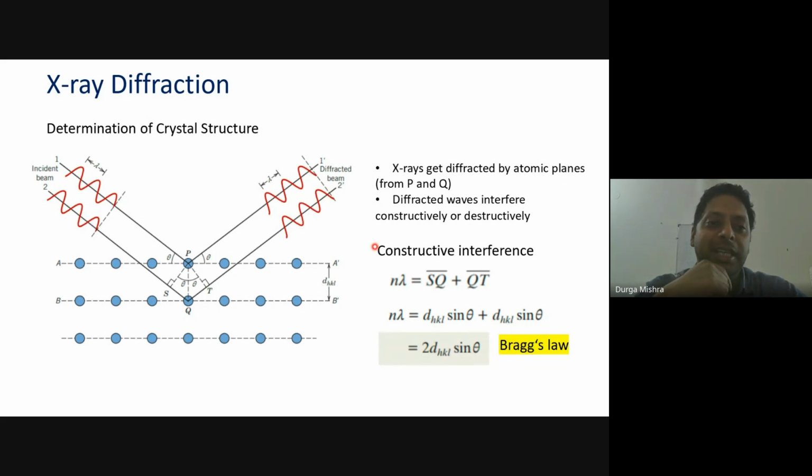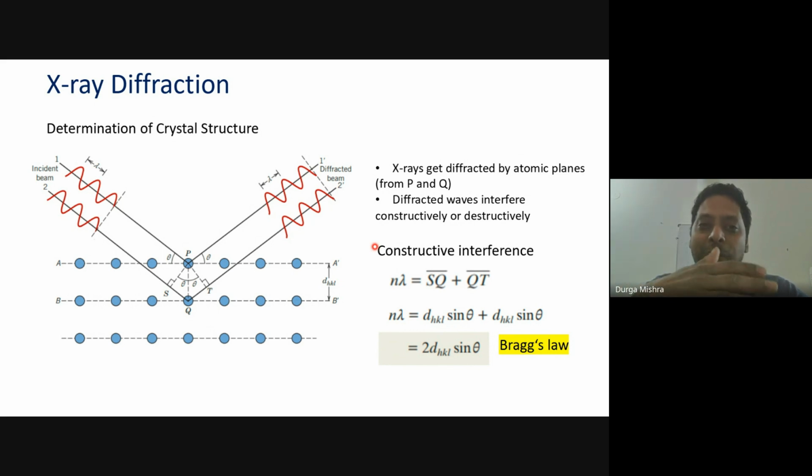This is a technique or tool that was used way back in 1915, 1916, and it is still very useful for initially characterizing or finding out whether your material is crystalline or non-crystalline. So what is the crystal structure, what is the lattice parameter.